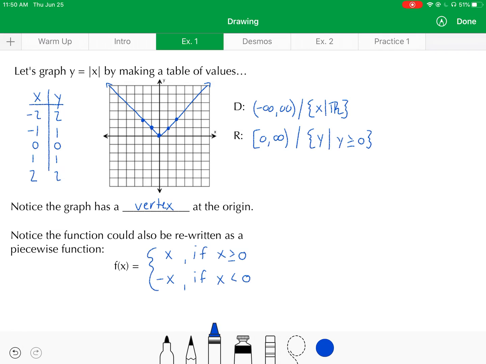Piecewise functions are related to absolute value functions. Now I want to play around with the look of the absolute value equation and see how the graph of y equals the absolute value of x changes when I start manipulating the equation.